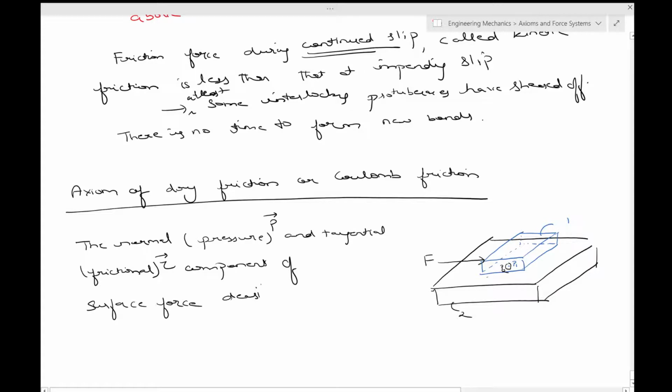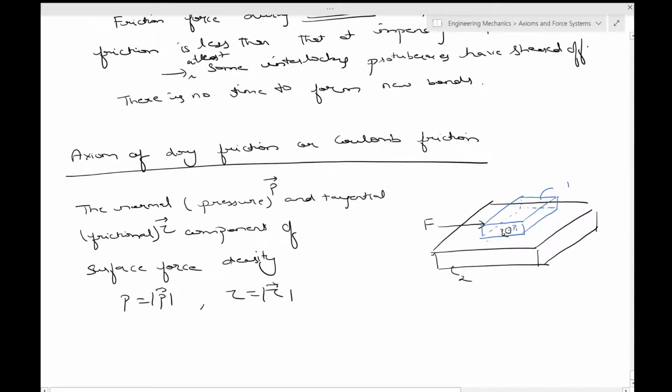This is clearly a distributed loading. The magnitude of the normal component will be P, and the magnitude of tau will be tau. They are as follows: for no slip between P1 and P2, we have tau smaller than mu s P.